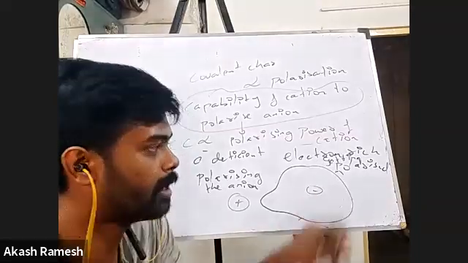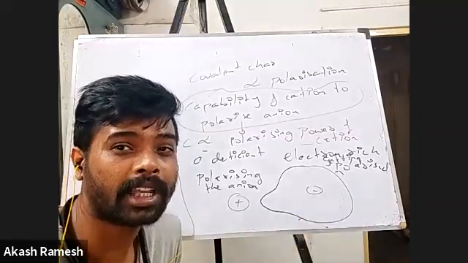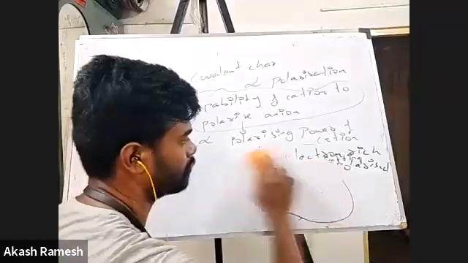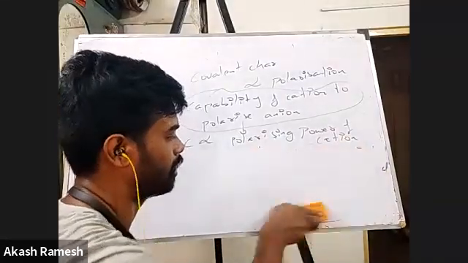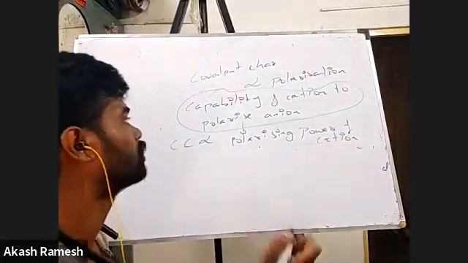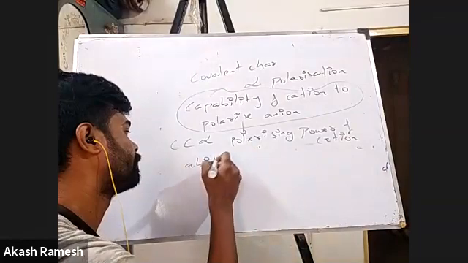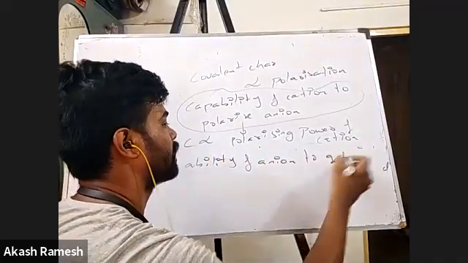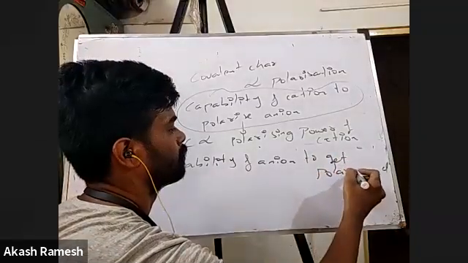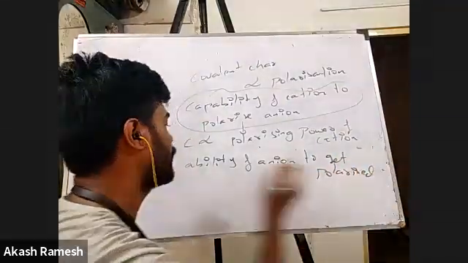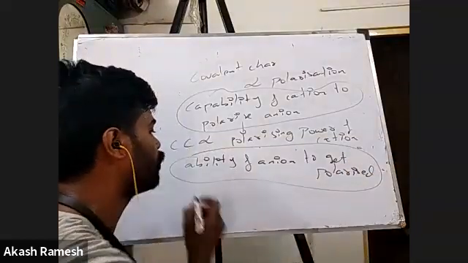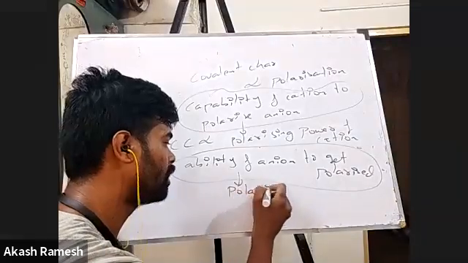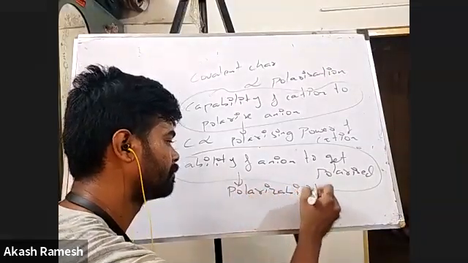Okay, now if I speak in terms of the anion, the anion is getting polarized. So again, I'll give you one more definition for anions. The ability of the anion to get polarized, that particular term is what is called polarizability.